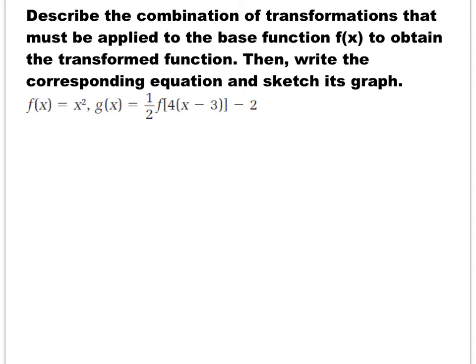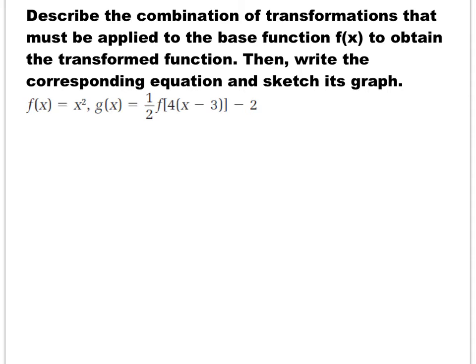In the first example, we have the function f of x is equal to x squared. The transformed function has the form 1 over 2 f of 4 times (x minus 3) minus 2. We are supposed to write the corresponding equation and sketch its graph and also describe the transformation here.